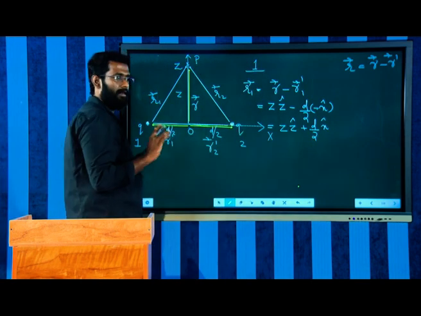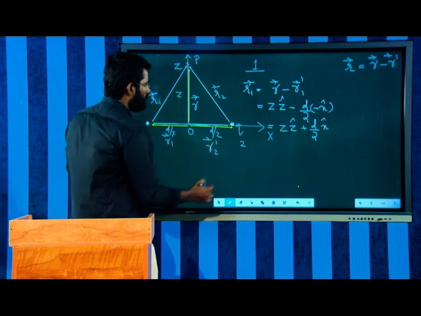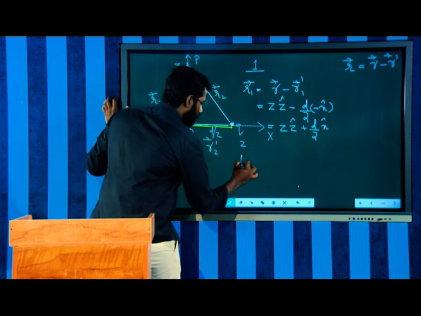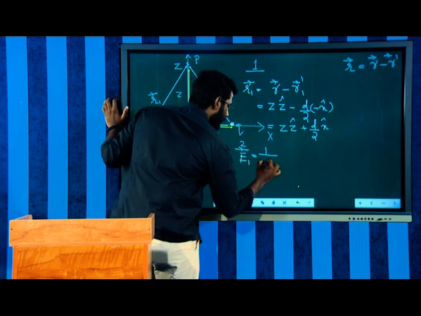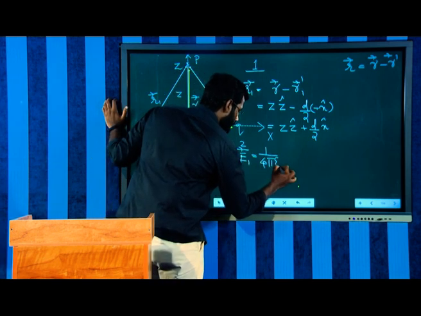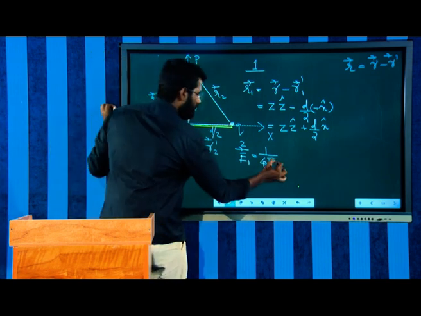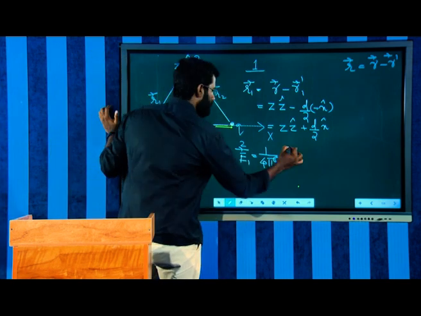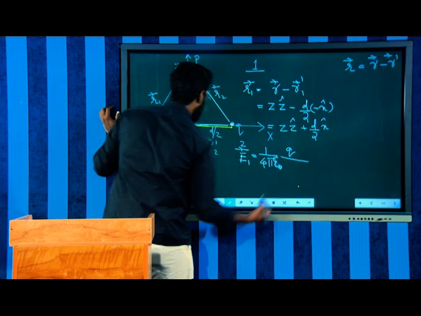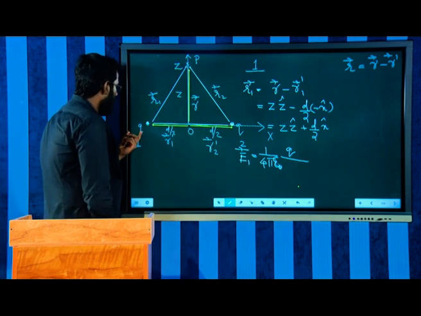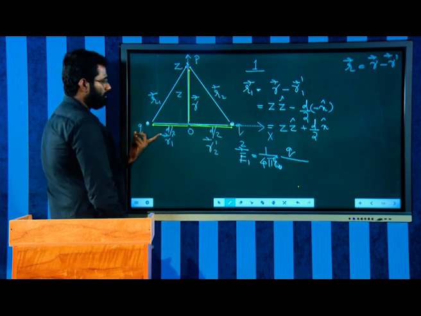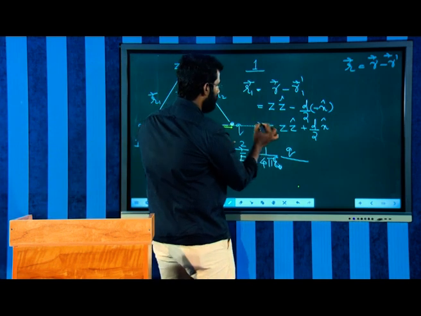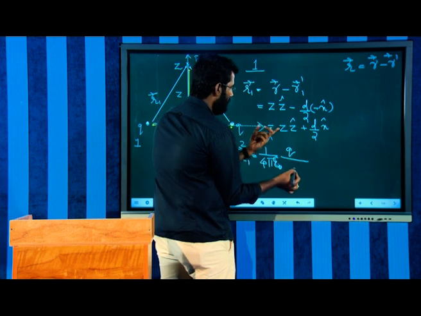Now let me write the final expression. The electric field due to the first charge is equal to 1 by 4 pi epsilon 0 into the first charge, that is q, divided by R1 square, that means the square of this separation vector.